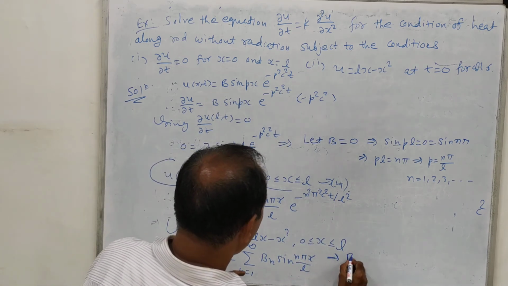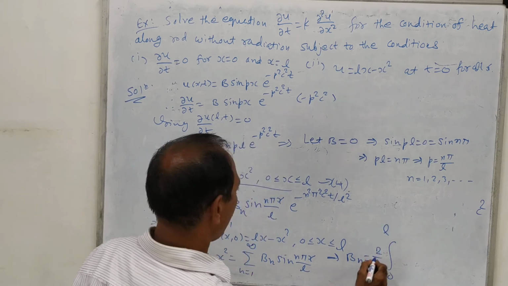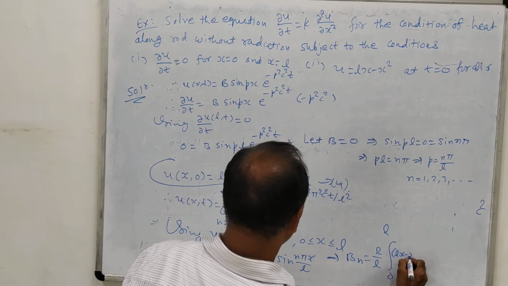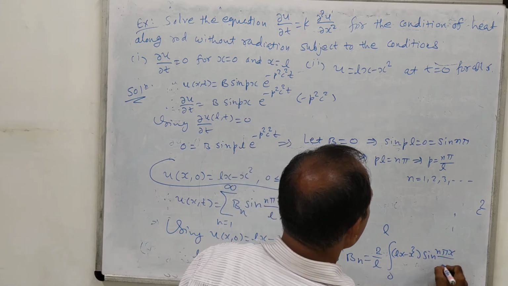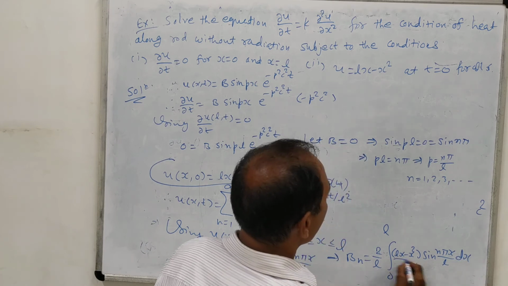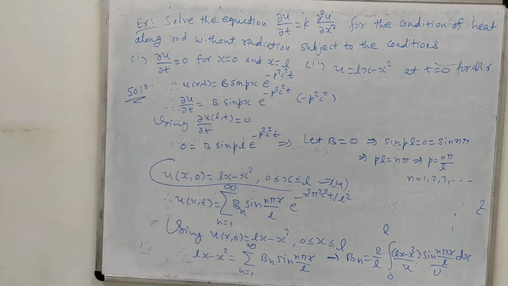So bn can be obtained as 2 upon L integration from 0 to L of f(x), meaning Lx minus x square, into sin n pi x upon L dx. You can integrate this by considering u and v using the appropriate formula of Fourier series, so you can solve the example very easily.